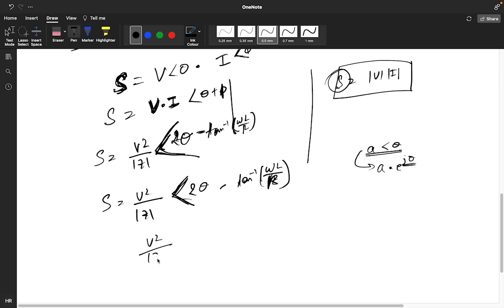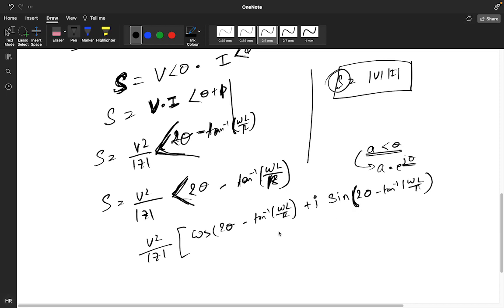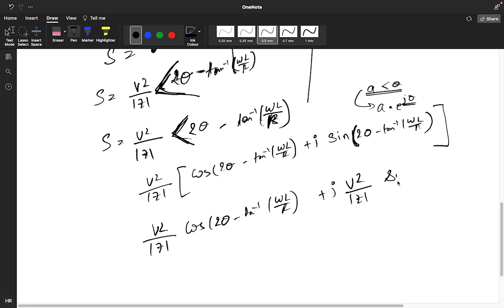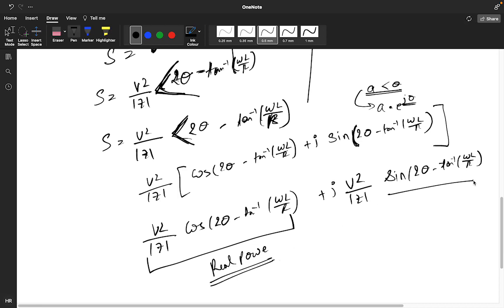So V square by mod Z, you can write cos of 2 theta minus tan inverse omega L by R plus j sin of 2 theta minus tan inverse omega L by R. So V square by mod Z into cos of 2 theta minus tan inverse omega L by R plus j into V square by mod Z into sin of 2 theta minus tan inverse omega L by R. This particular part is known as real power, and this particular part is known as your reactive power.